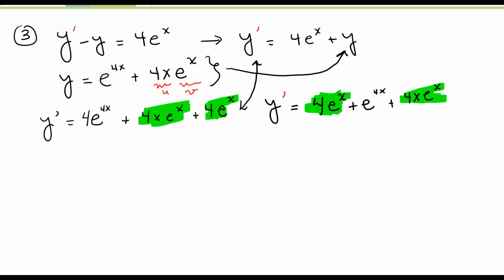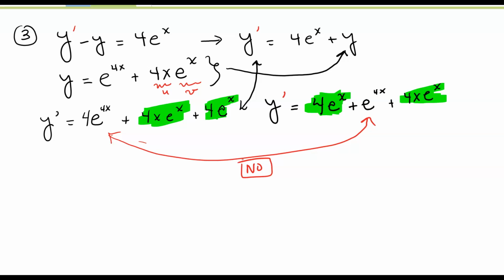So these two terms here do not match. So to answer the question, again, the question being, determine if the given function y is a solution of the differential equation y prime, and the answer here is, of course, no. Why? Because they do not match. They do not match at all.